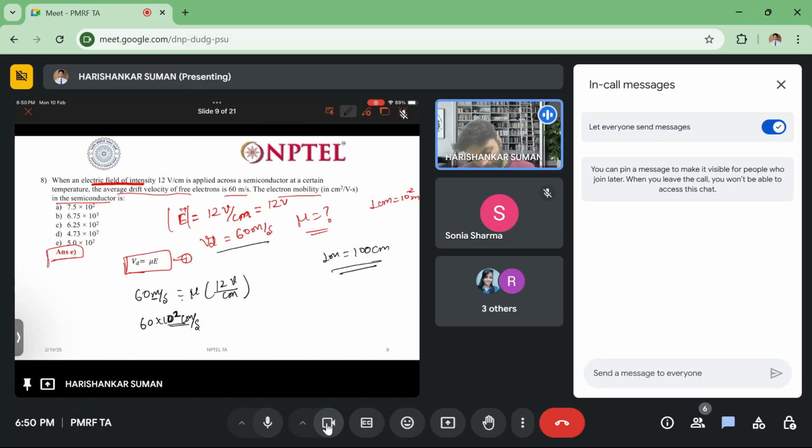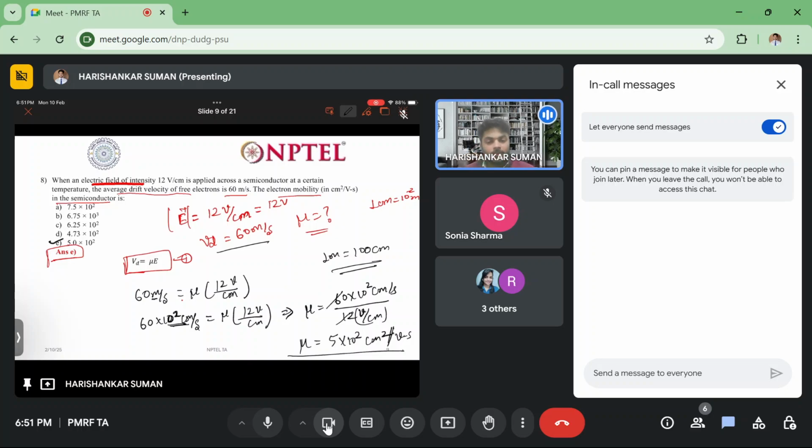So mobility mu will be 60 times 10 to the power 2 centimeter per second divided by 12 volt per centimeter, which will be in centimeter square per volt per second. So this is the right answer. Clear?